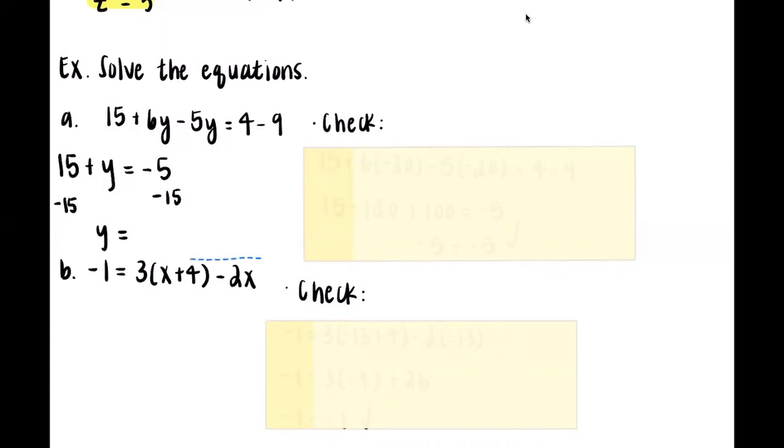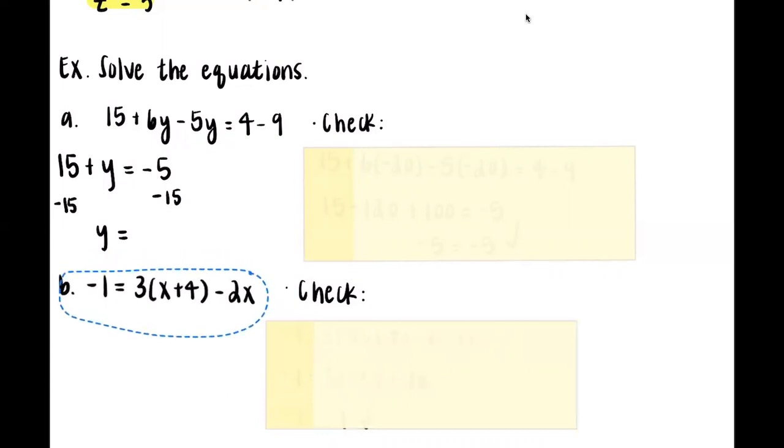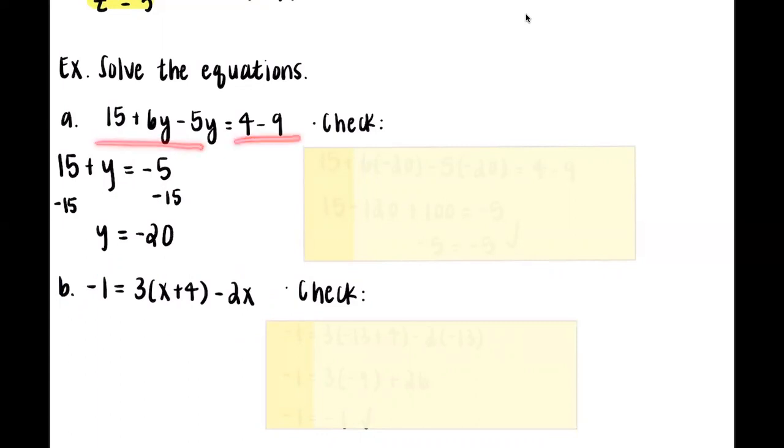Let me move this down a little bit. And then I have negative 5 minus 15, which gives us negative 20. So we're claiming that negative 20 is the solution. That is the answer to make this left side equal to the right side. Well, if we look at the check step, again, I'm always going to be an advocate for the check step.